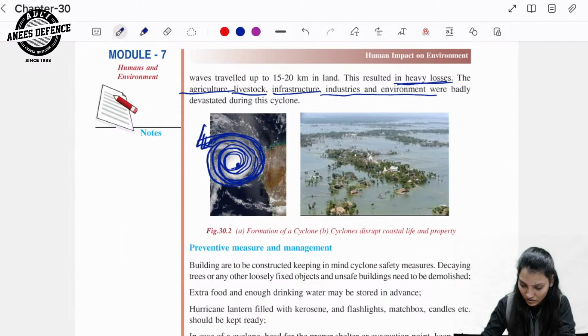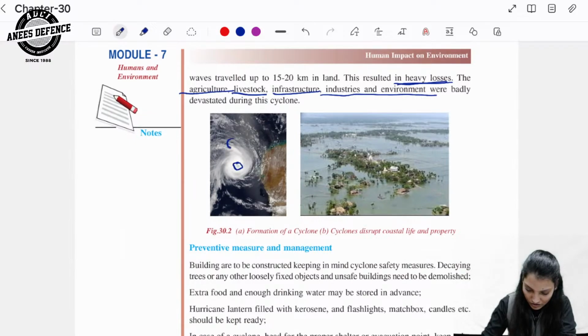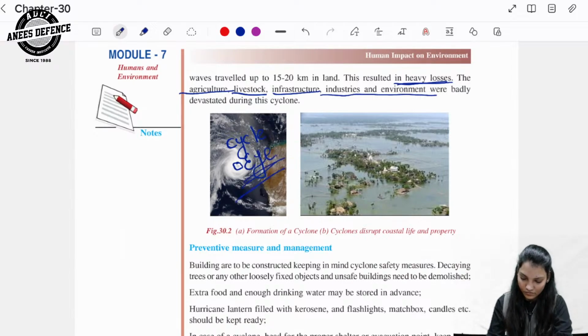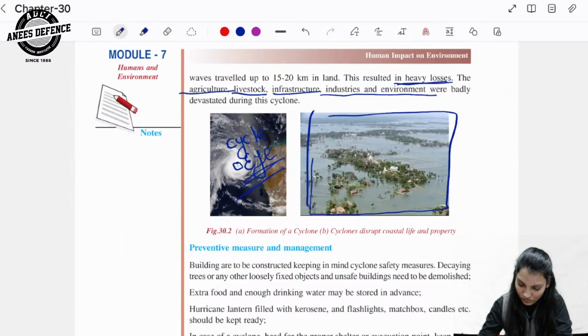It rotates in the anti-clockwise direction. Here at the center, if you can see, there is one center in the middle. This particular center is called the eye, the eye of the cyclone. This is the cyclone, and this is the condition after the cyclone. The disruption of coastal life and property you can see in this picture.